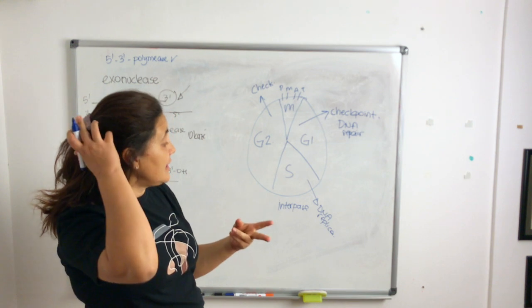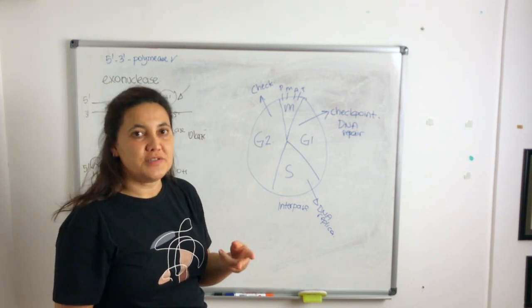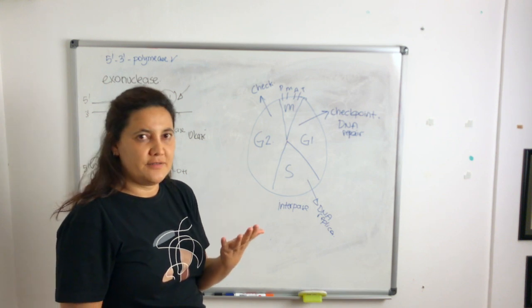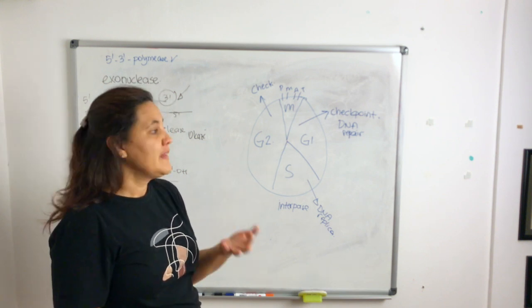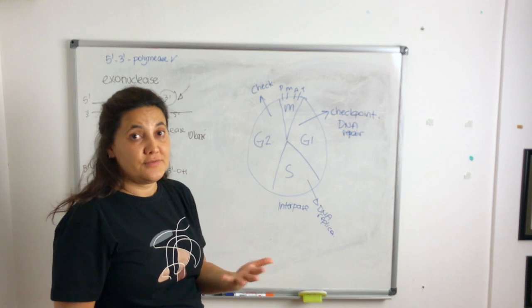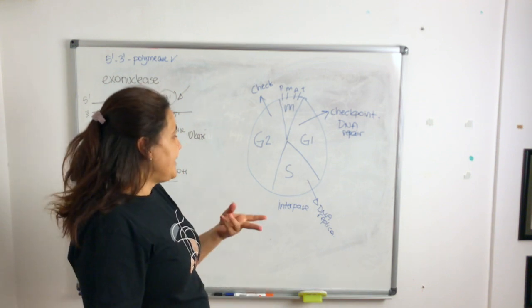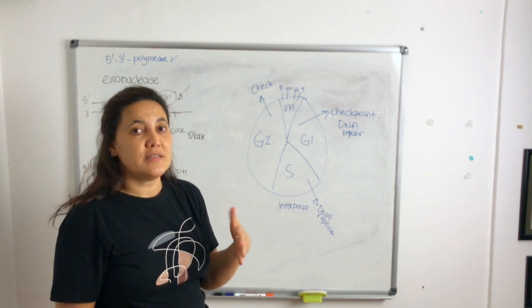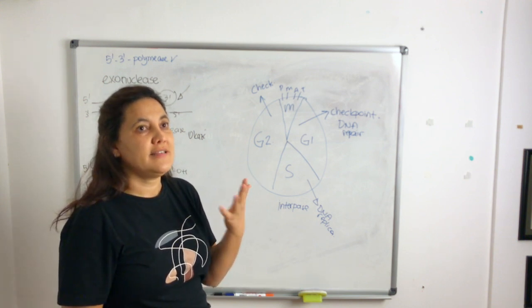They work simultaneously with the DNA replication, and there's a good reason for that. First, the exonuclease activities are part of the polymerases, and polymerases are only active during the S phase. And second, the mismatch repair system requires ongoing DNA synthesis.